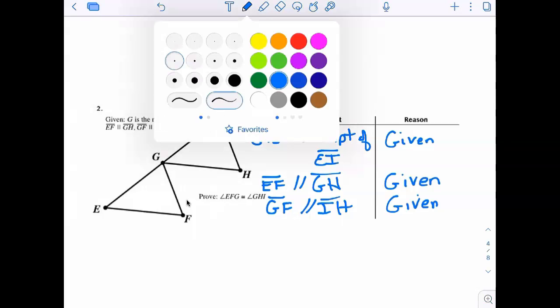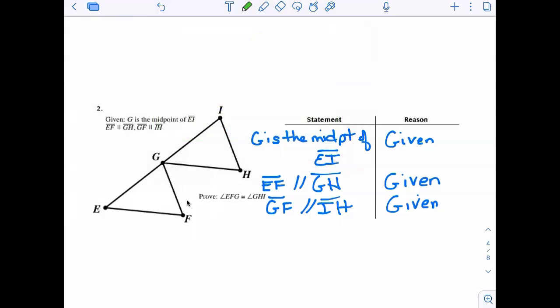Okay, so since we know G is the midpoint of EI, that would mean that this segment should be congruent to that segment. So I'm going to state that segment EG is congruent to segment IG.